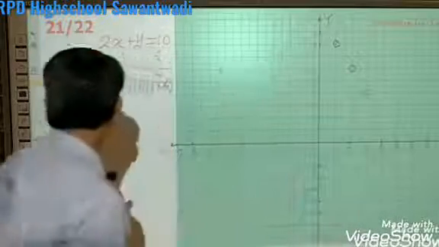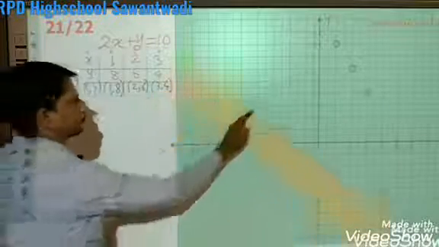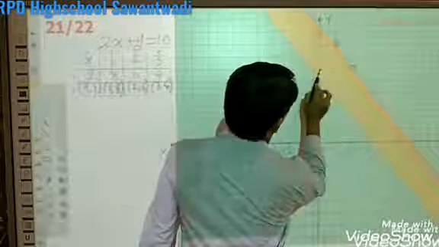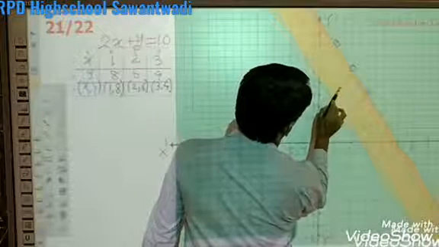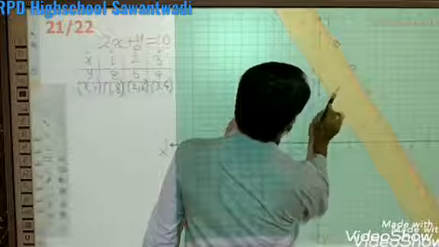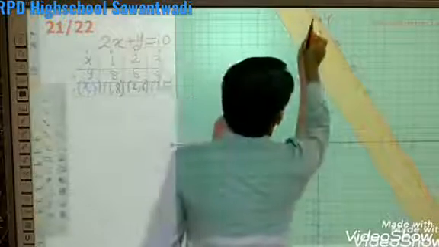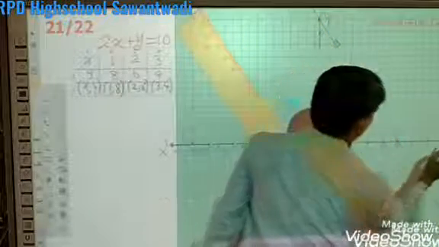And then again, using the scale, same way, you will set your scale properly here. And then draw this. In this way, you will get a line.